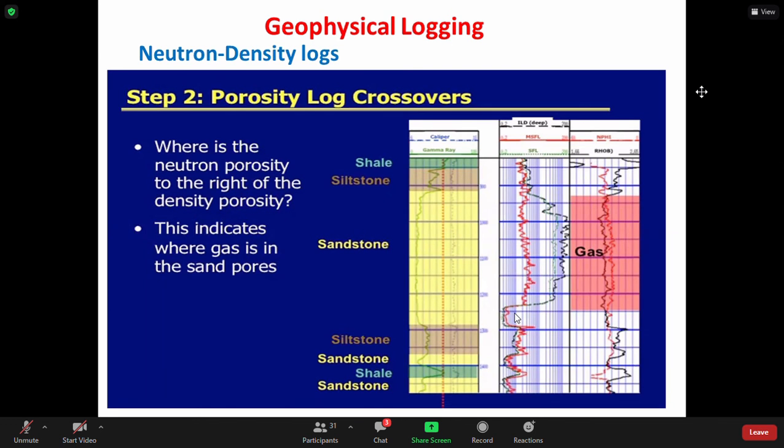But if we look at this zone below, around 120 something to 130, you can see that we are still in the sandstone. But at this zone, we don't have high resistivity. If you check, this is 2000, this is 0.2, and it is in logarithmic form.